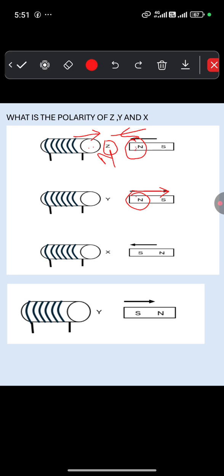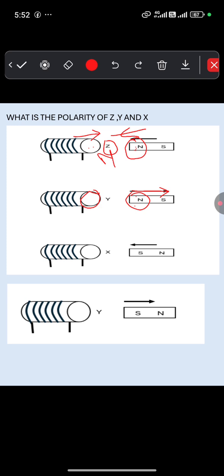So now it must create a pole that will bring the north pole back, because you are pulling out the north pole. I said you focus on the front pole, the one that is closer to the surface of the solenoid. So now check.